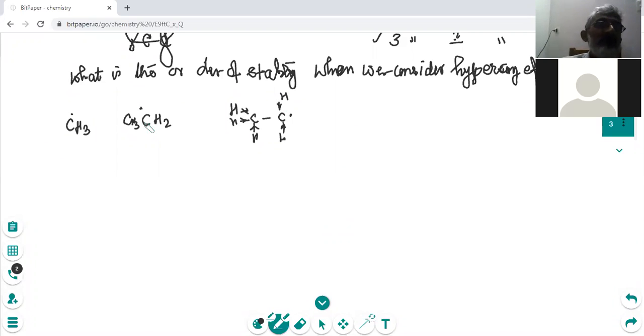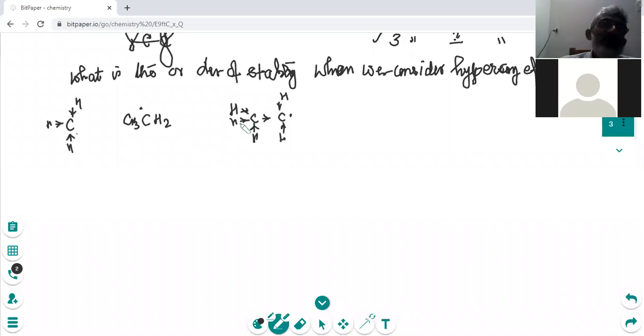But here, this one, you have only 3 hydrogen atoms, H and H. Only 3 hydrogen atoms, and that also will increase electron density. So now this in turn will flow the electron to this side. This is all by inductive effect.